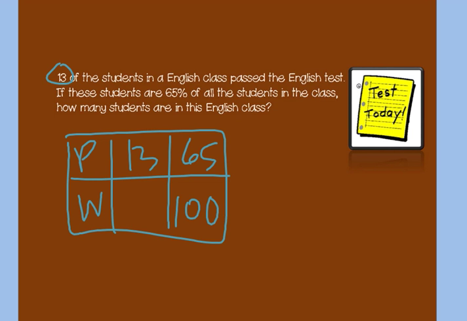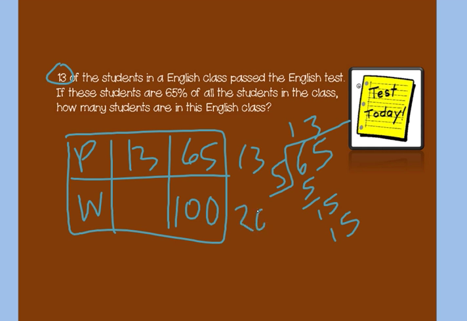I also know that I can reduce the 65% by dividing both top and bottom of the fraction, or numerator and denominator, by 5. I get 13 over 20, which 13 times 1, 20 times 1, I still get the same answer of 20.